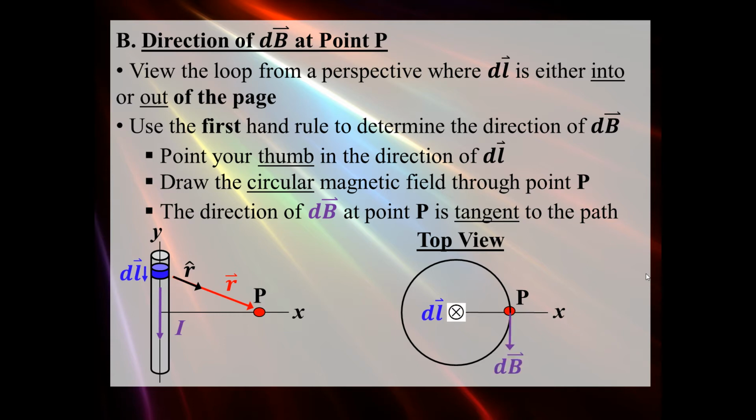So dB points to the bottom of the page here. That's from the top view perspective. If we were to view this from the side view perspective on the left-hand side, then the dB vector would actually be pointing straight at us. So it'd be pointing out of the page in that situation.